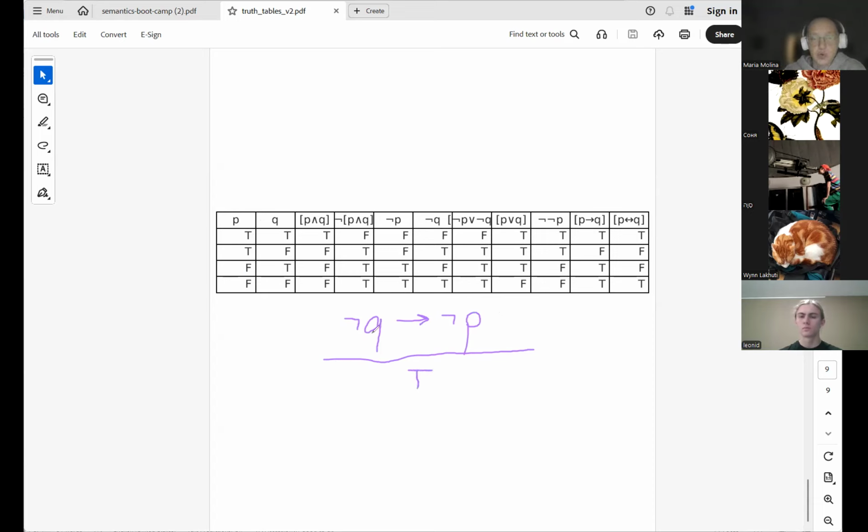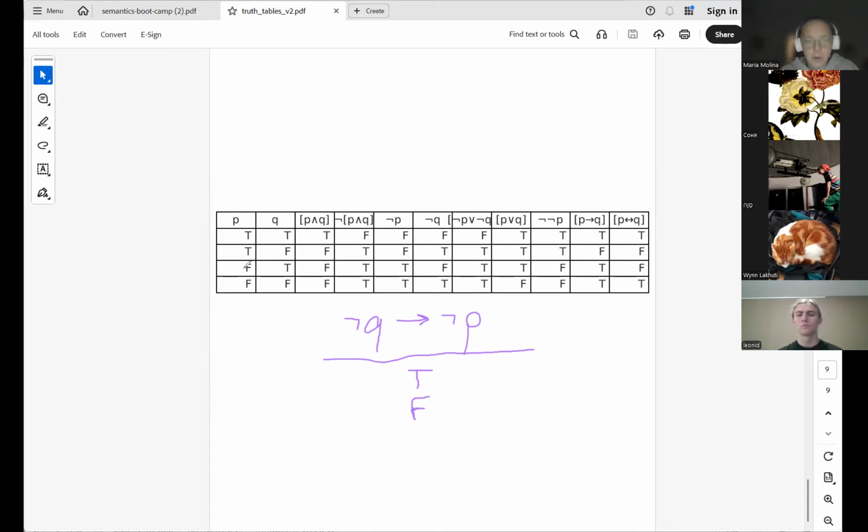Not Q would be false, not P would be false, false to false gives valid, so it's true. If P is true and Q is false, then it renders false, not valid.